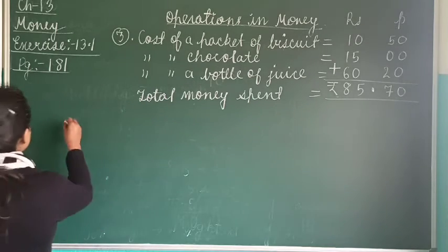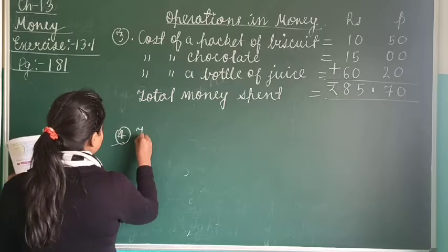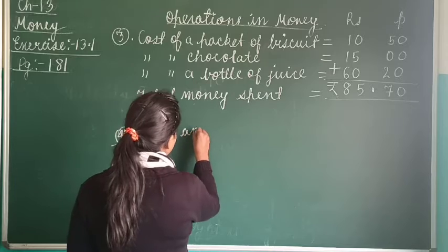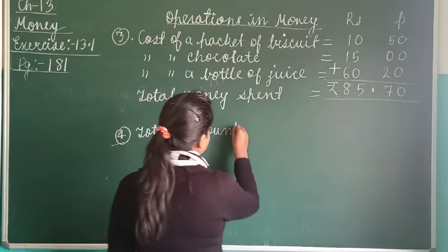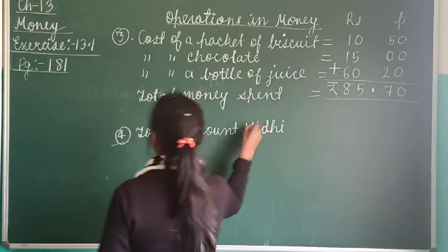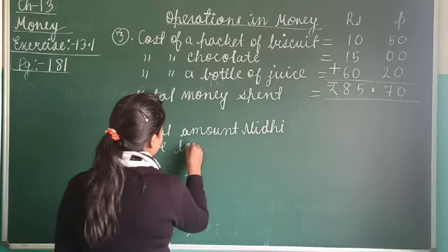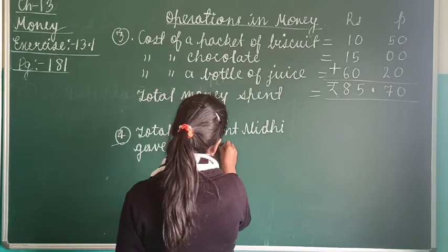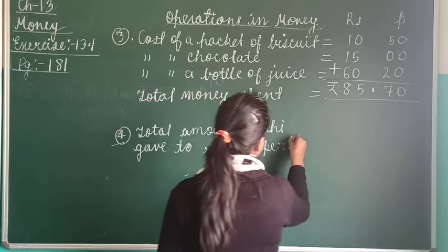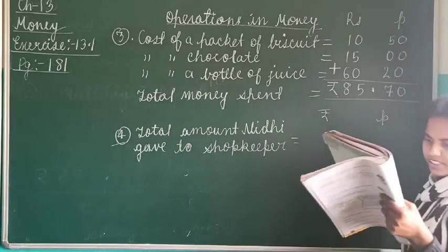Total amount Nidhi gave to the shopkeeper is how much, you see here. You write rupees here and paise on this side. How many rupees has she given?